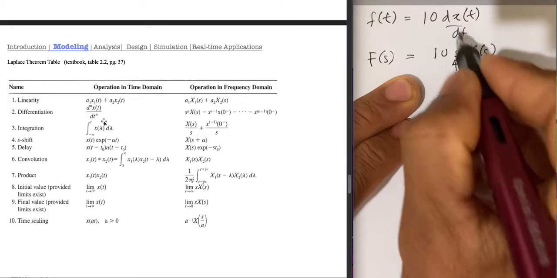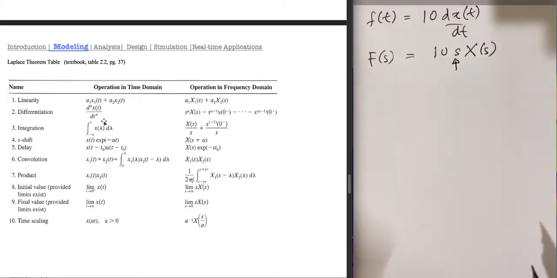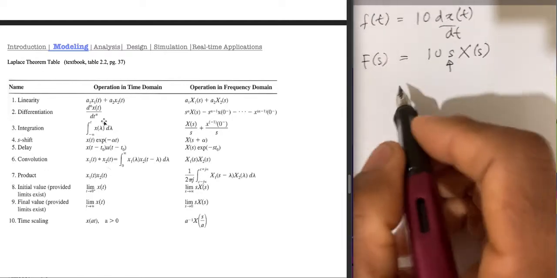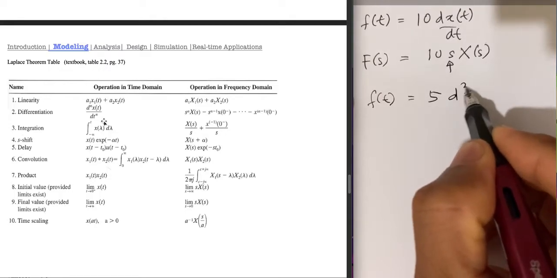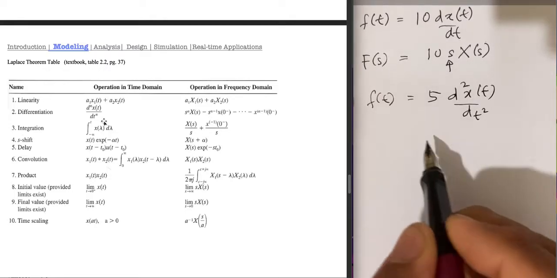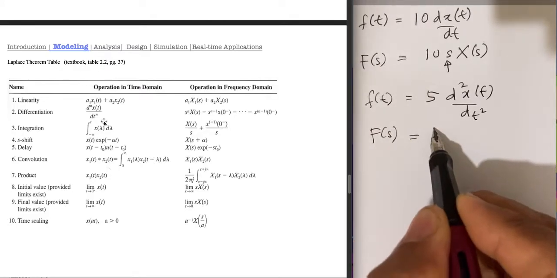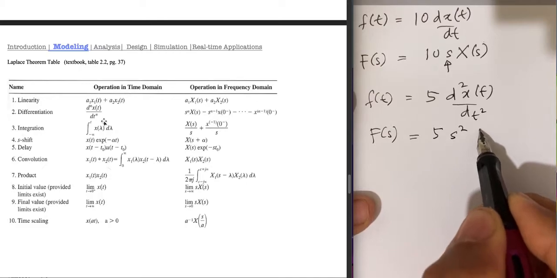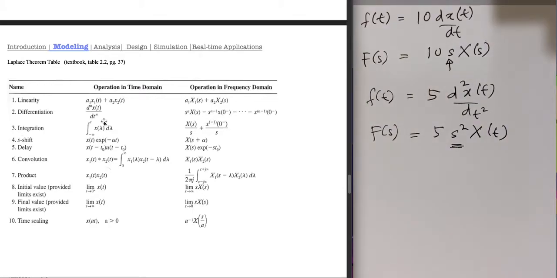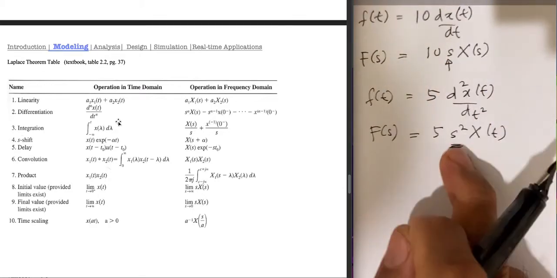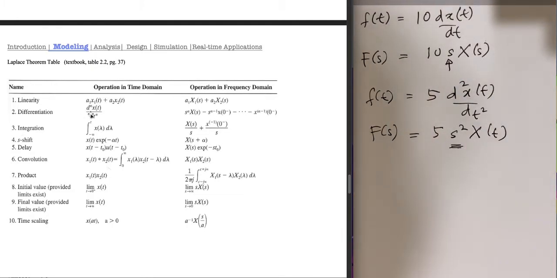Just add an s for the first derivative. If we have a second derivative, f of t equal to 5 d squared x(t) over dt squared, that will be F of s equal to 5 s squared X(s). So we just add this for the second derivative. First derivative we use s, second we use s squared. We just follow this differentiation Laplace theorems table.